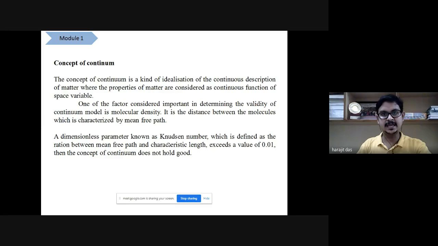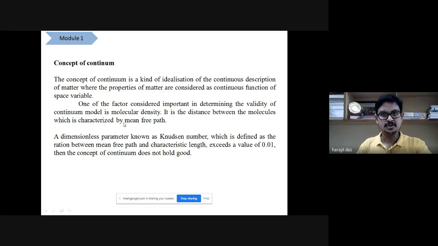Then you will get this characteristic length capital L. So Knudsen number equals lambda by capital L. And when this Knudsen number exceeds a value of 0.01, then the concept of continuum does not hold good. So we will not say that the matter, substance or system holds the concept of continuum. You should remember these two or three points.